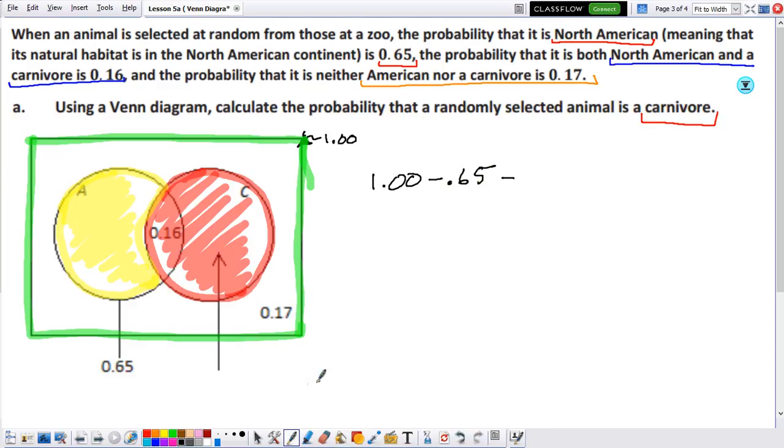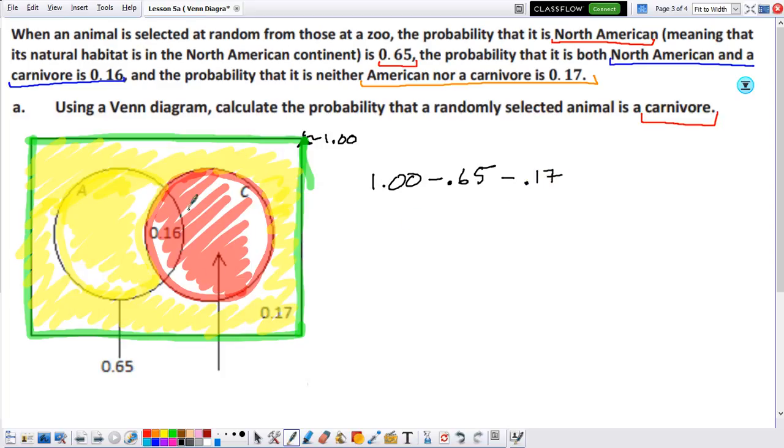And we still need to subtract everything that is outside. But what do we know about the value of the outside? The value of the outside is 0.17. And here it is 0.17 because we know that that's neither North American nor carnivore, which is just everything else. So if I subtract the outside as well, and notice that the yellow is what I'm subtracting, which is 0.17, what do we get left?